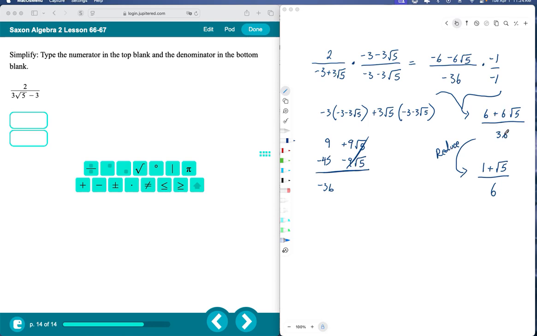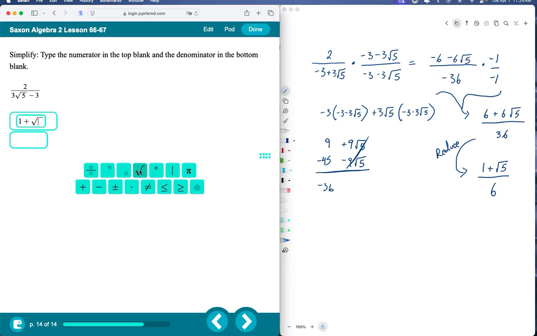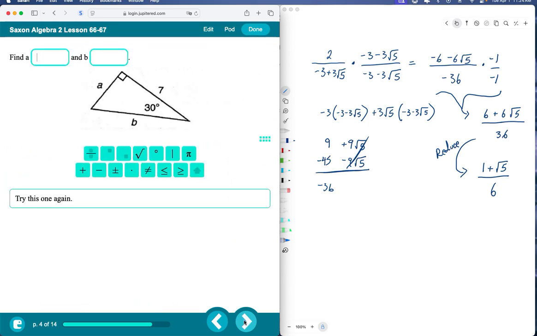I divided everything by 6 to reduce it to 1 plus square root of 5 over 6. So when I do that, I get 1 plus square root of 5 over 6. And those are correct. And I think that is your final problem.